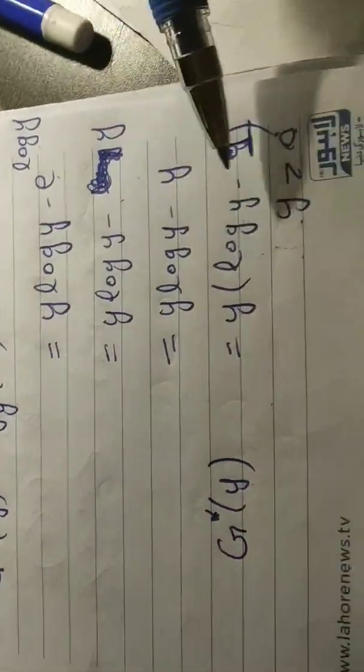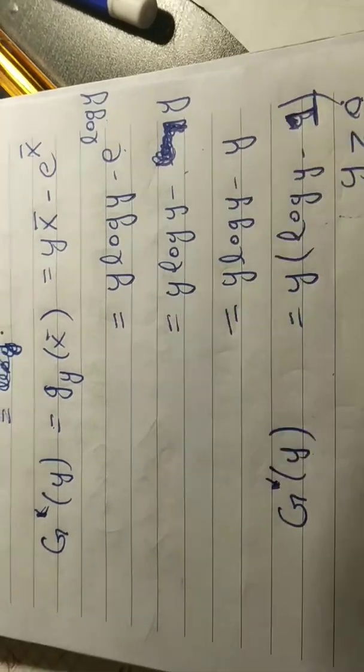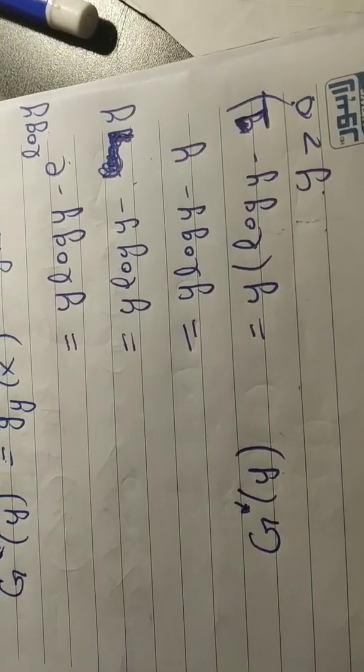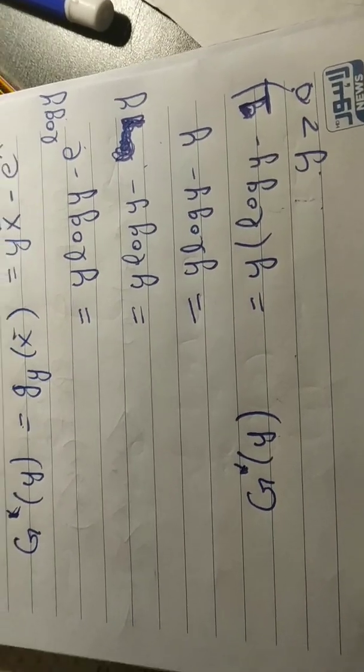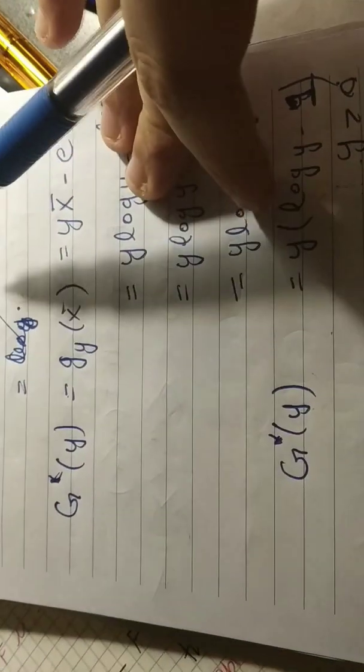I think you will understand it properly, that we do every step and we fulfill our conditions. Now I will give you some examples and you will solve them, and you will tell me in the comments how you like these topics.